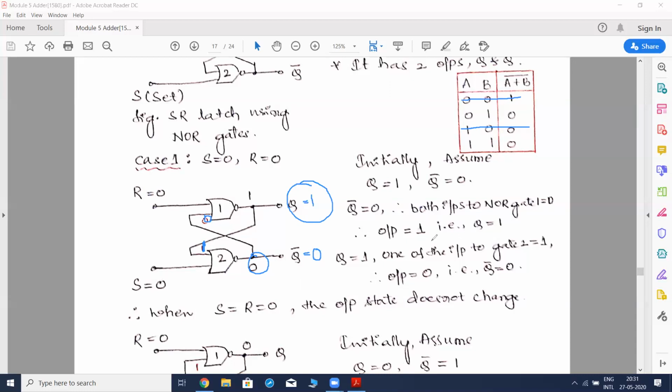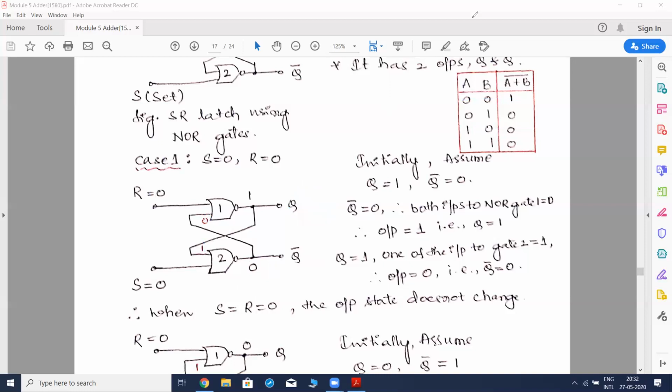Initially Q was 1 and Q bar was 0. Now also Q is 1, Q bar is 0. That means the output state is not going to change. Alright, so now let us move on to the next one.